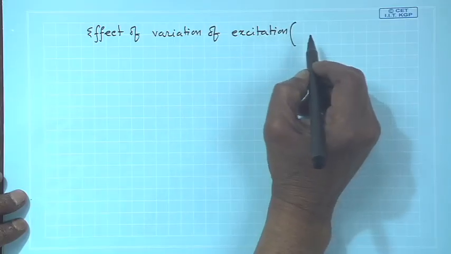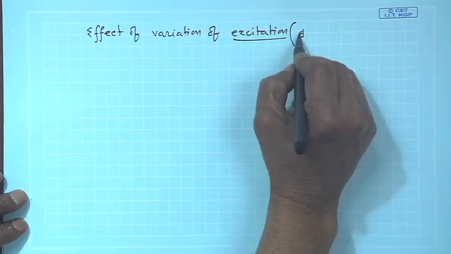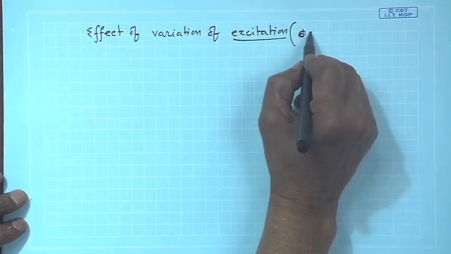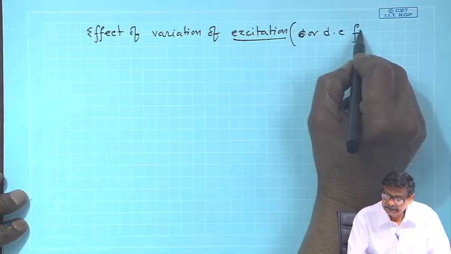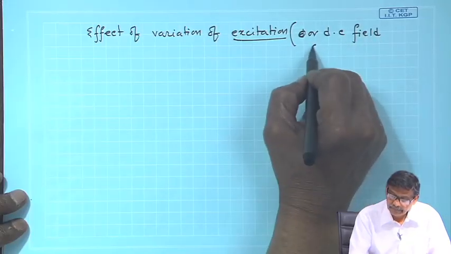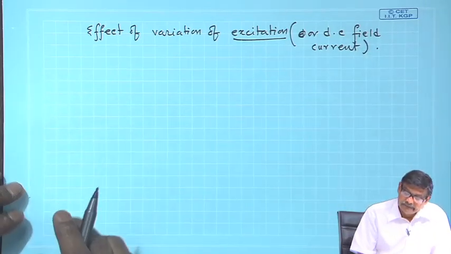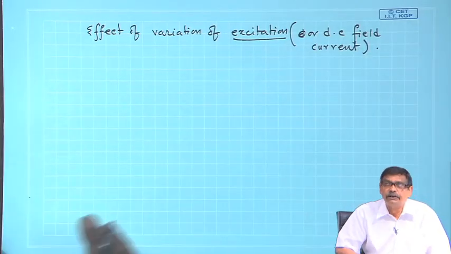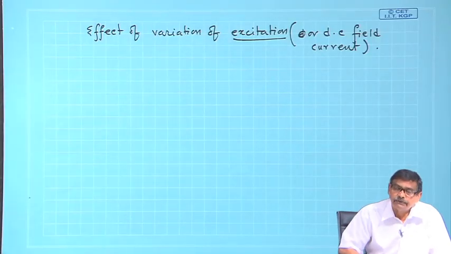Excitation means what? DC field current, variation of excitation or DC field current. That we will investigate. First we will do it for generator mode, then I will do it for motor mode.